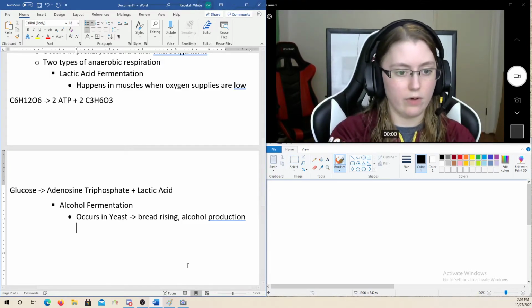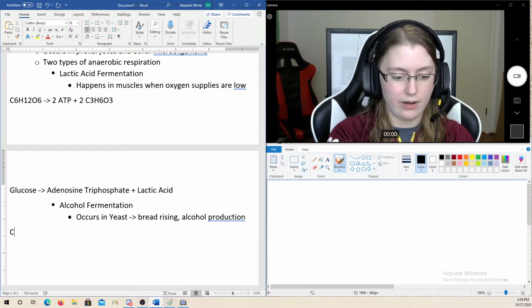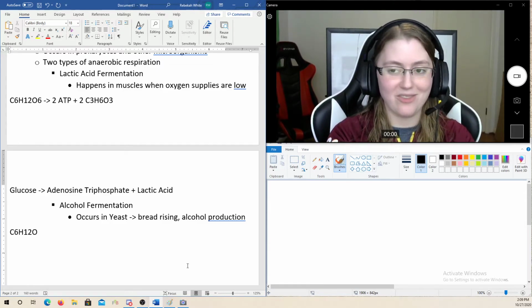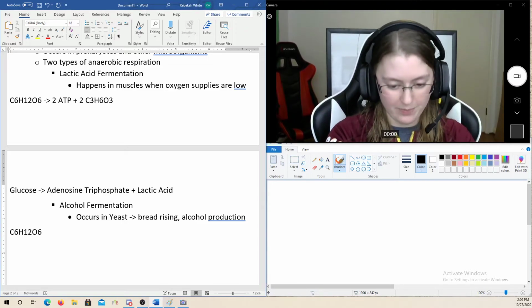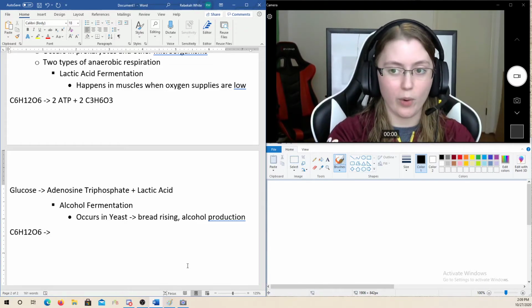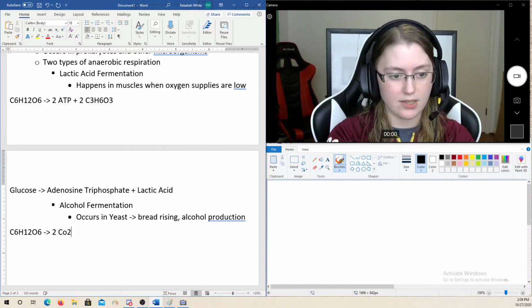Okay, so let's go over the chemical reaction for this. So this one, once again, we have our good old reactant glucose. And this time the glucose is going to get broken down into a few different things. So first we're going to see some carbon dioxide.